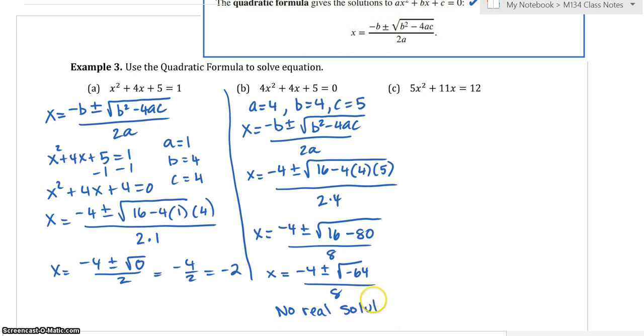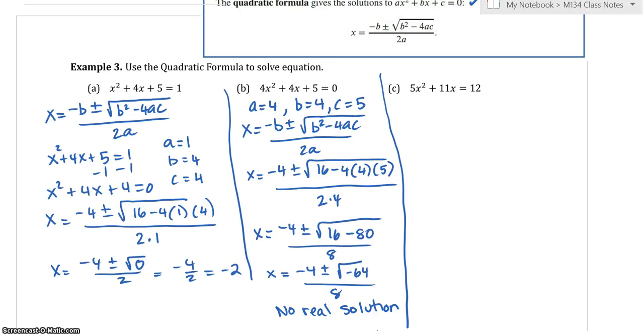I say the word real because, like I said, that is a complex number. But we're not covering that in this section. So if you want to try part C on your own to practice, though you will have some exercises, you can take a moment and try this now. Pause it and then come back.